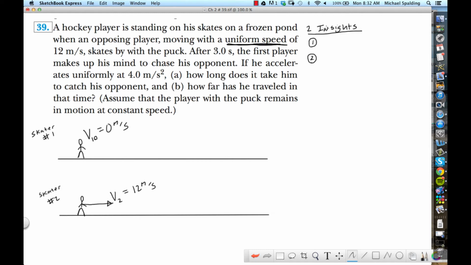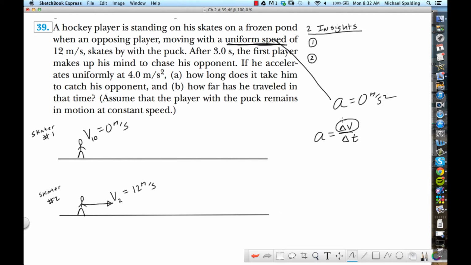So what is this telling us? Uniform speed or constant velocity? There's another way of saying that. Acceleration is 0. If something is moving with a constant speed or a constant velocity, think of the definition of acceleration. What's the definition of acceleration? Change of velocity over time.